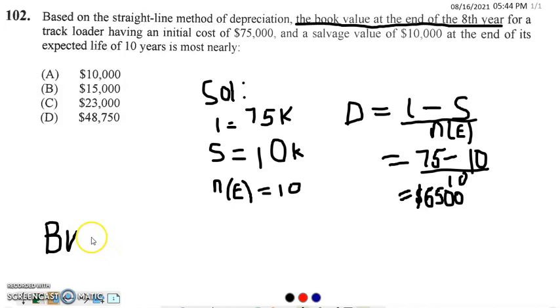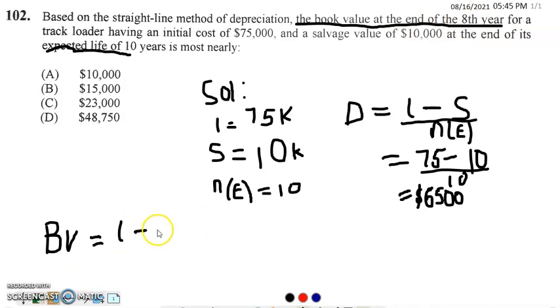Your book value would be your initial value minus the end year of the book value. Please don't mix it up with the expected life value, because that is only used in the depreciation. I've seen this a lot, that people use the depreciation N value for the book value, so please do not make that mistake.